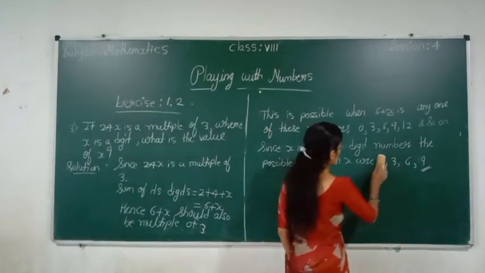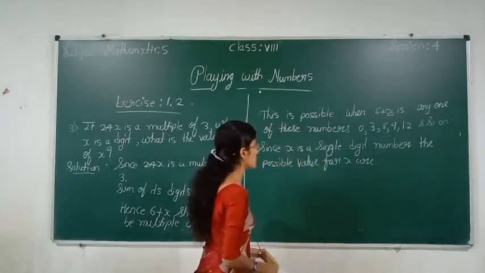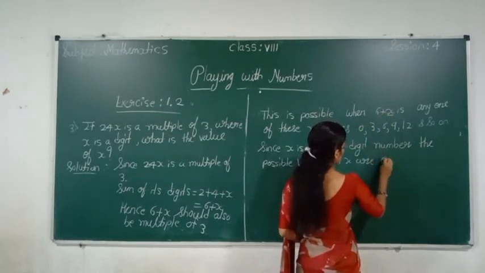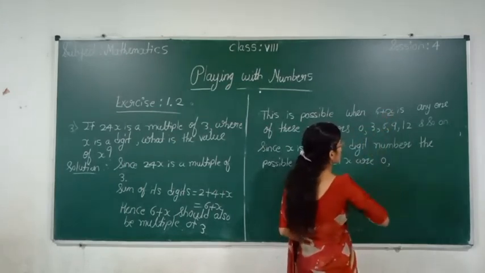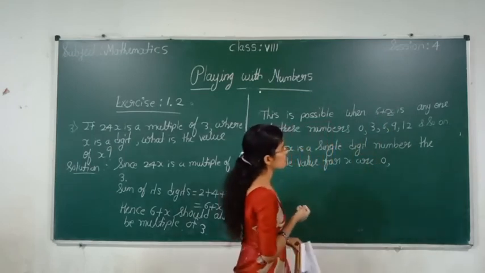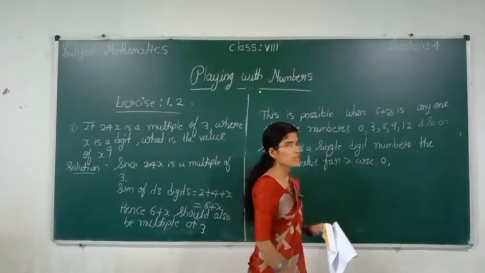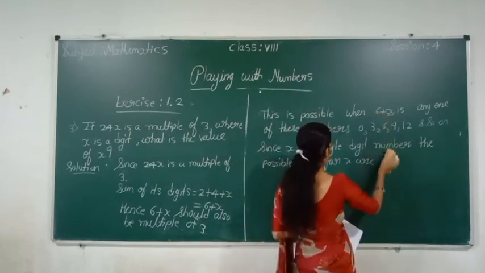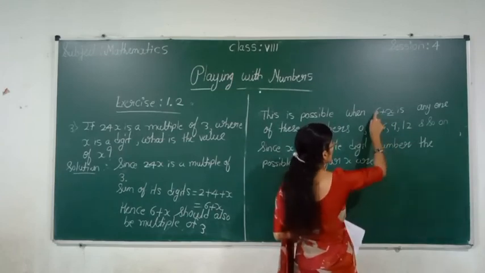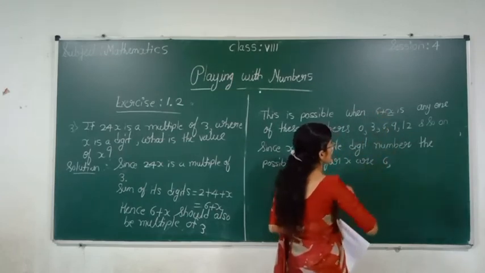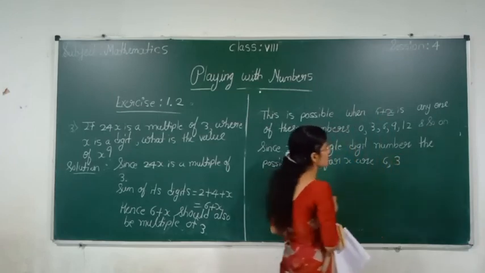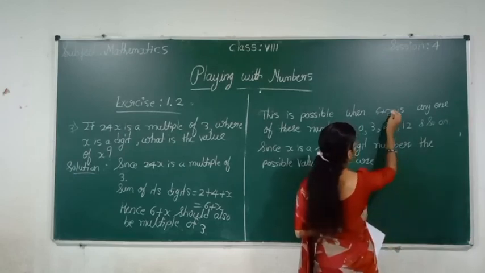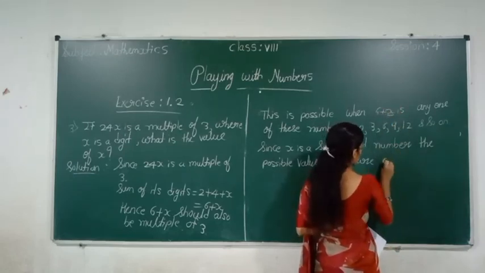Okay, so here, since x is a single digit number, the possible values of x are, 6 plus 0 is 6, possible value is 0.